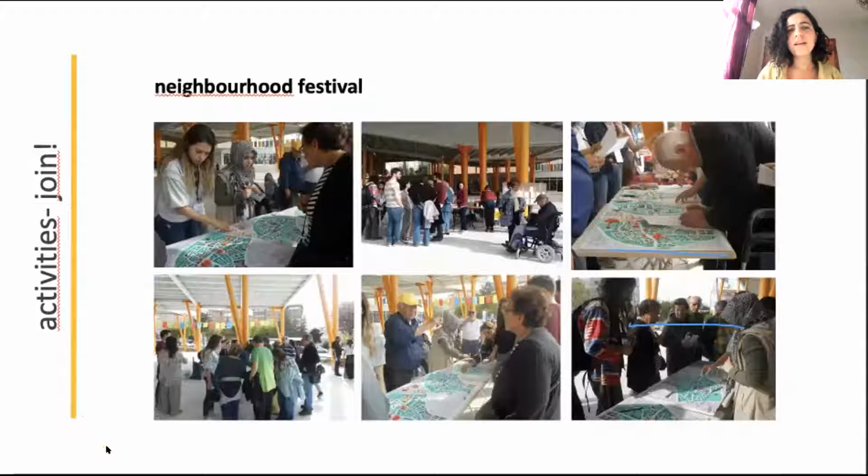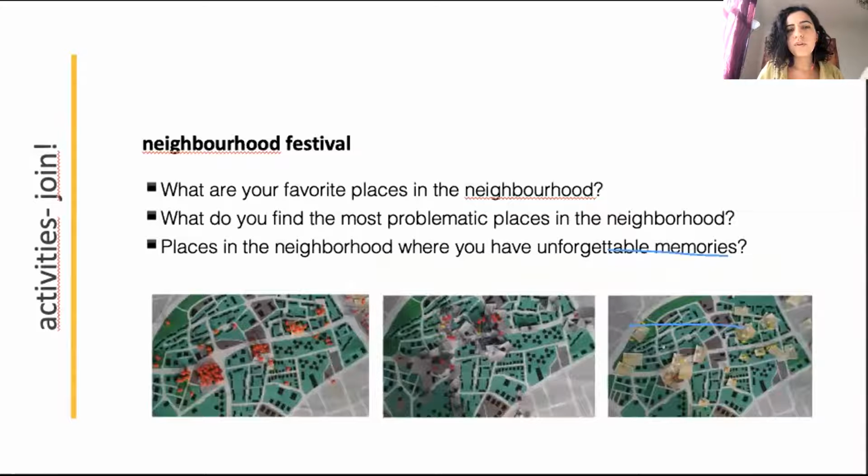And then we created this neighborhood festival where different people come together, and there we asked them some questions, like we put these maps, and then we asked, what are your favorite places in the neighborhood? What are the most problematic places? And what are the places that you have unforgettable memories of? And they pinned this, and then we analyzed all of this data.